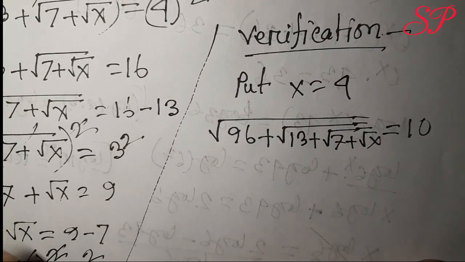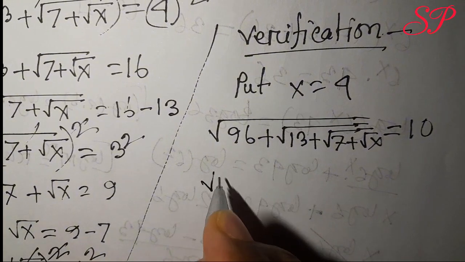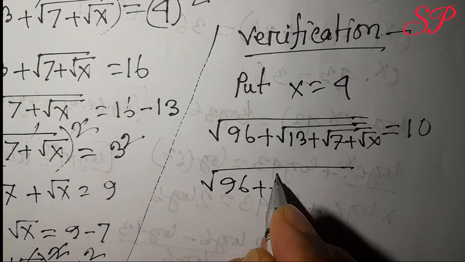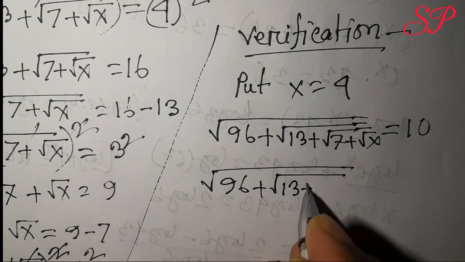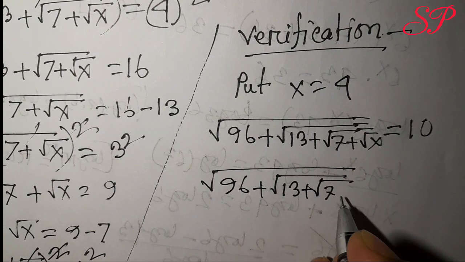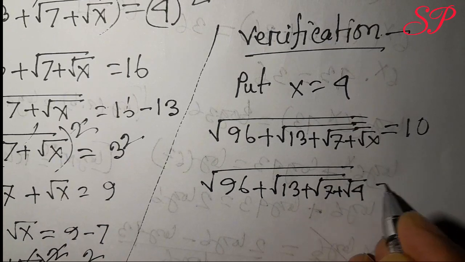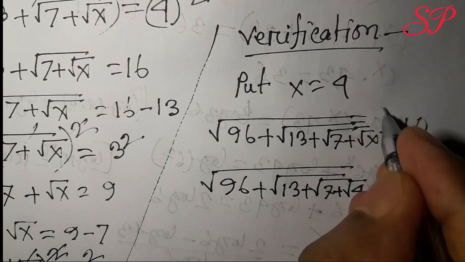Now put x is equal to 4: 96 plus root 13 plus root 7 plus root 4 is equal to 10.